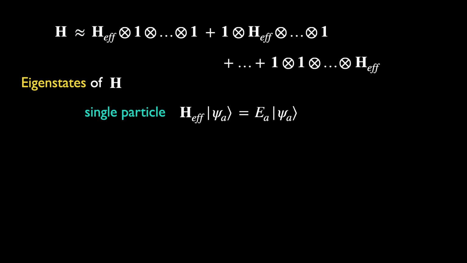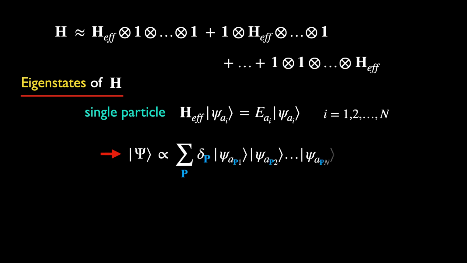We need to modify our notation for the multi-particle case by including the particle label I, since different particles could be in different states. The bosonic or fermionic solutions to the total Hamiltonian is just a symmetrized or anti-symmetrized tensor product of the single particle energy states.